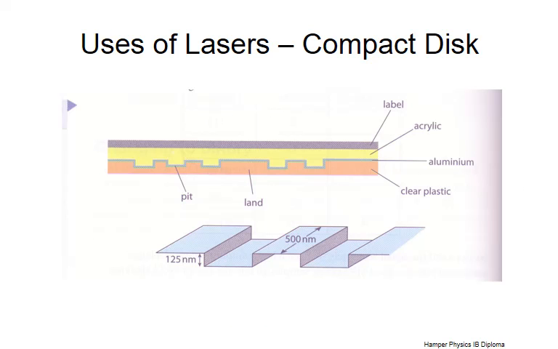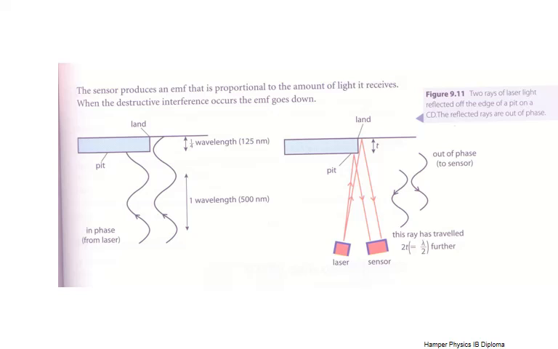What's kind of neat about some of the technology that we use is how light interacts with other light. In a compact disc, what's actually happening is the light comes in, and depending on if the information is a 1 or a 0, the light will hit and then constructively or destructively interfere. So for instance, if we had a pit and a land, we would have the laser send out light, and you can see that here, the light sent out here.